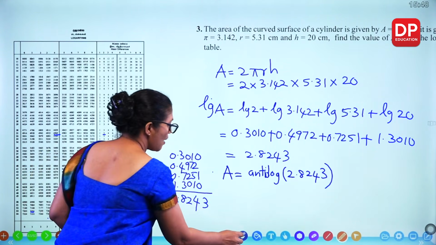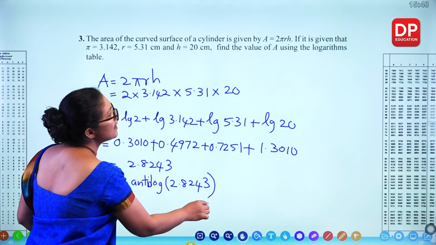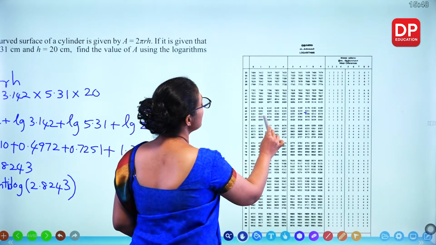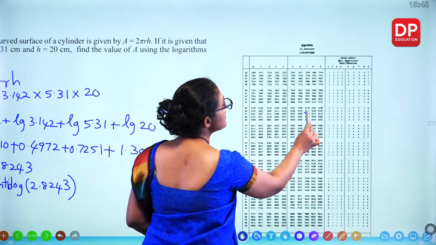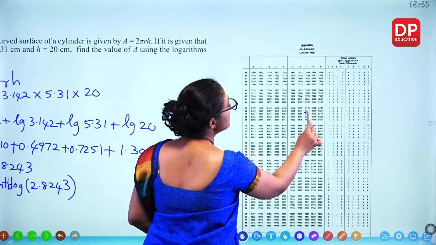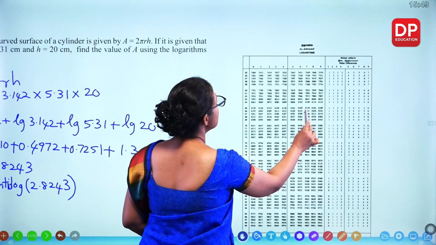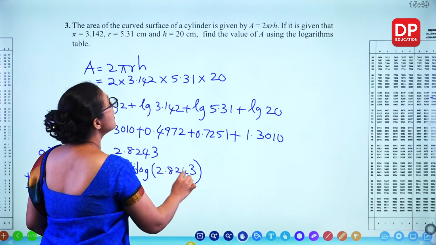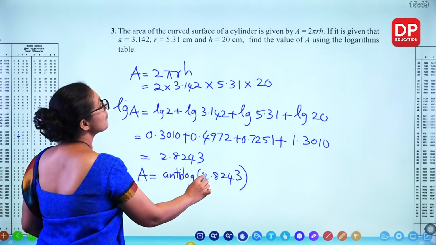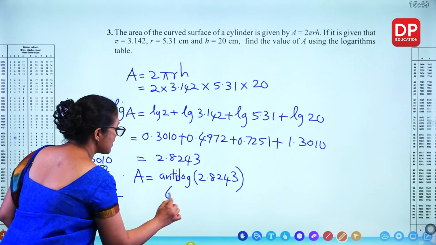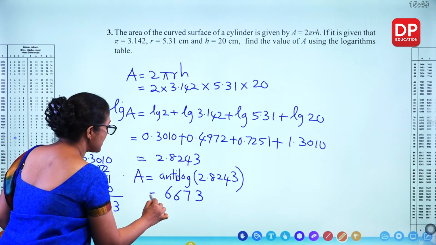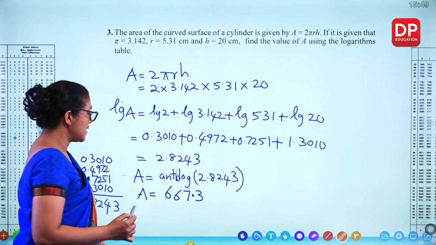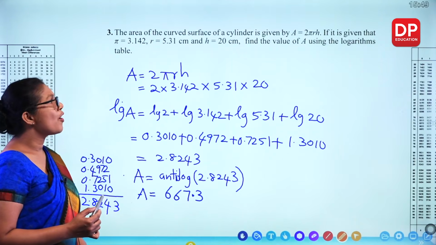Now look at the second table. 8243. 41 is there. 43, you need another 2, that's 3. 6673, and this is 2 places to the right. So the answer is 667.3.